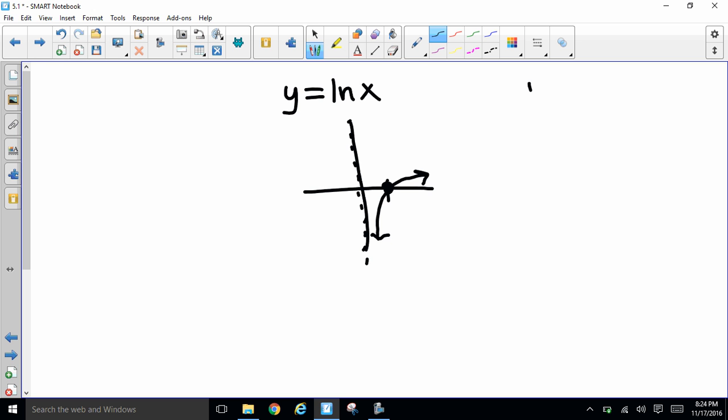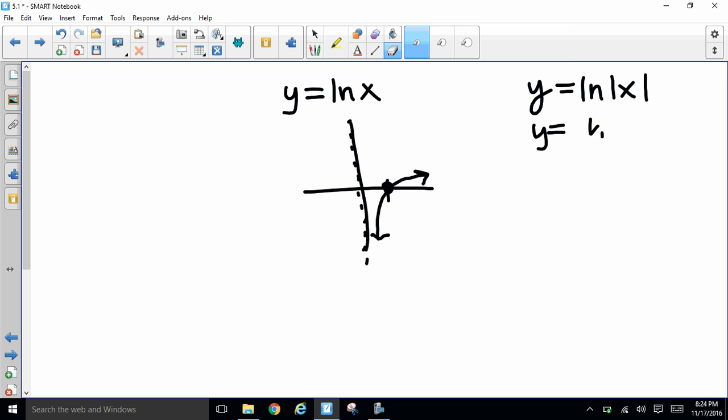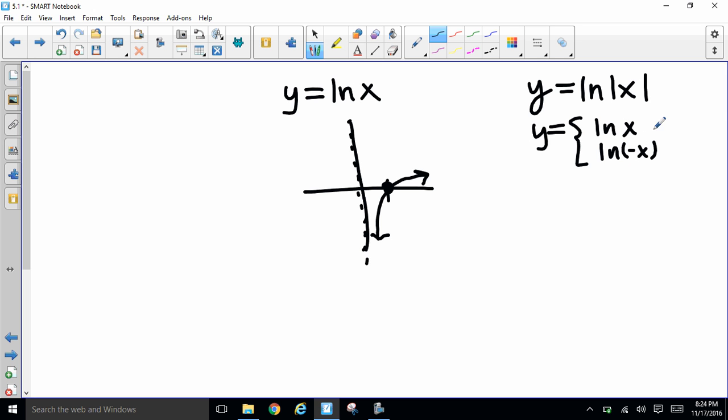And then if you want to compare the graph of y equals natural log of absolute value of x, there are a couple ways you can think through it. I mean, you can split this apart and graph it that way. So thinking about that, this would really be a piecewise function. Oops, that's a terrible job of mixing my letters. There we go. You could think about this as piecewise: natural log of x when x is greater than 0 and natural log of negative x when x is less than 0.